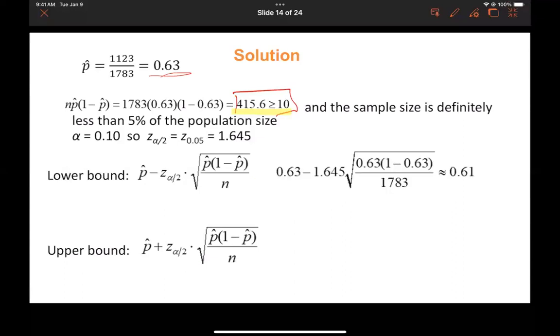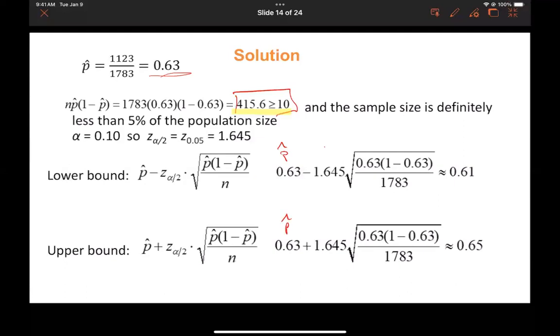So here we go. So this right here is p hat. This right here is my Z sub alpha divided by 2. Pretend that's an alpha.